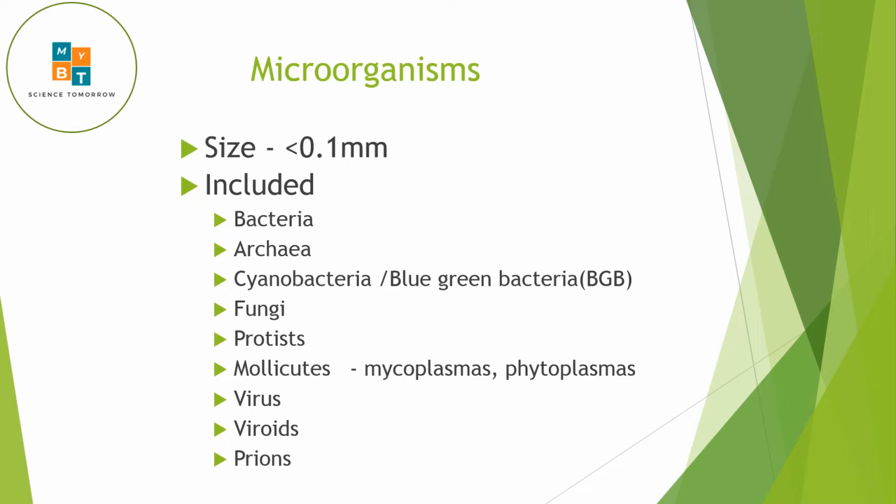So, microorganisms are a group of organisms less than 0.1 millimeters in size, and these include bacteria, archaea, cyanobacteria, which are also known as blue-green bacteria, fungi, protozoa, molecules which are included in mycoplasma and phytoplasma, viruses, viroids, and prions.